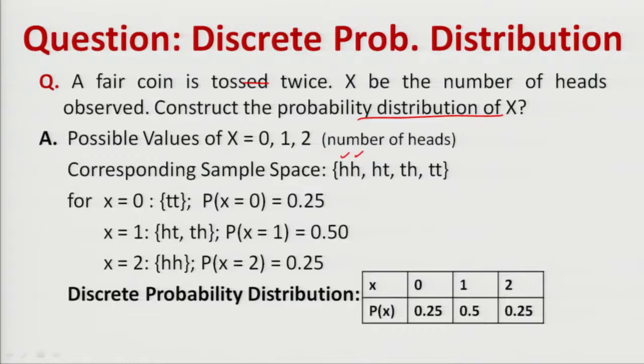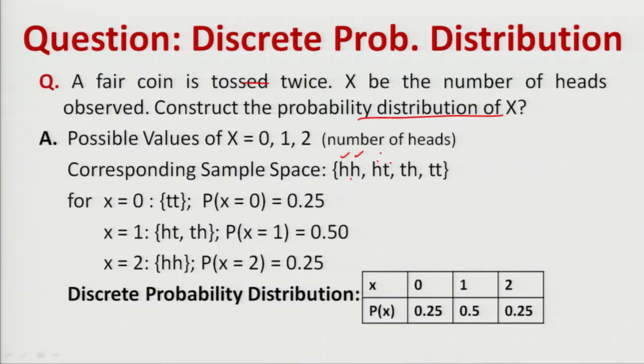Second case is first time head and second time tail. Another case, tail occurs first and head occurs next. And the fourth case, in both tosses only tails occur. So, the maximum possible outcomes are 4: 1, 2, 3, 4.